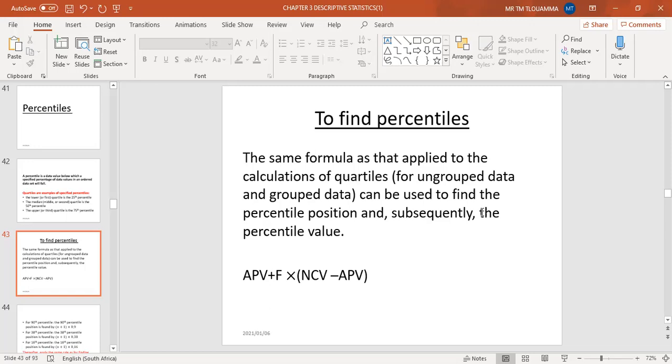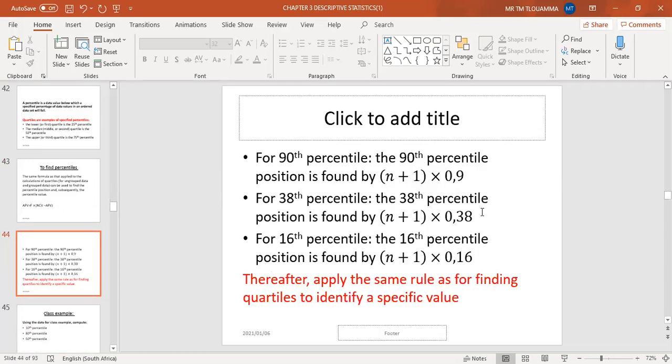So we say APV, which represents the approximate percentile value, plus the F, which is still the fractional part of the percentile position, multiplied by the NCV, the next consecutive value, minus the APV. So this is how we're going to find the positioning.